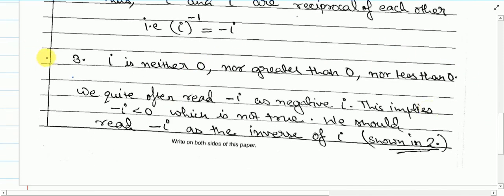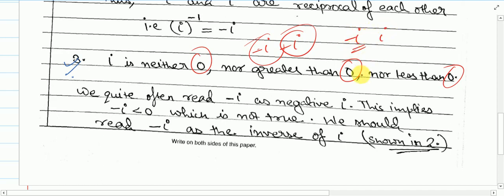And third, you should remember that i is neither 0 nor greater than 0 nor less than 0. Most of the time we say minus i or negative i, but this statement is not correct. In fact, we should say that this is inverse of i. When I write minus i, that means I am writing inverse of i.